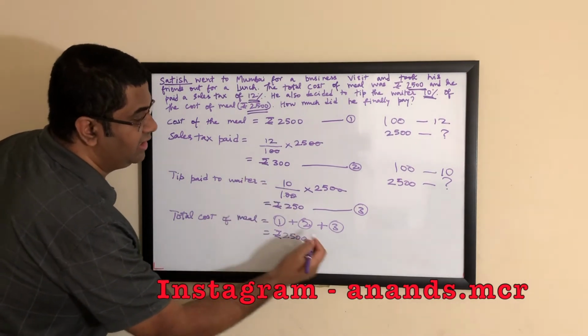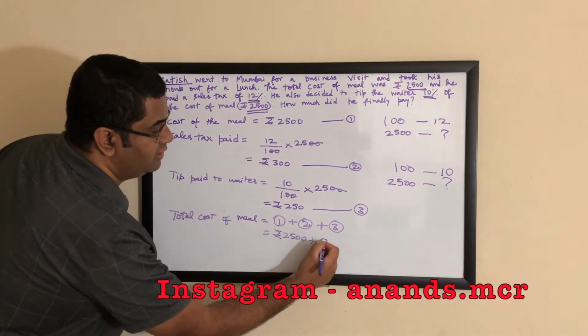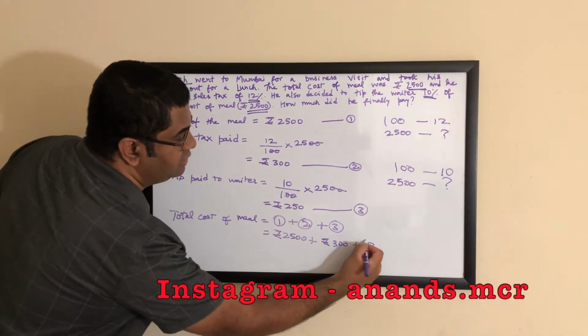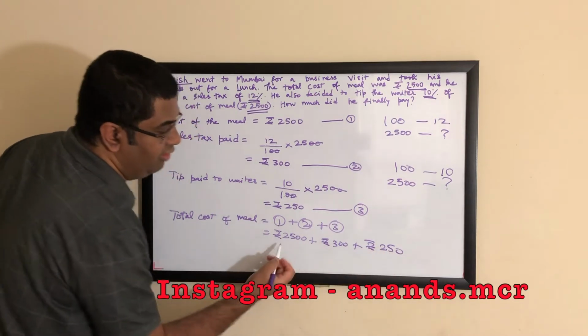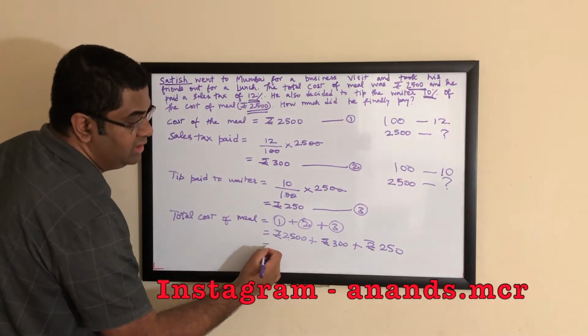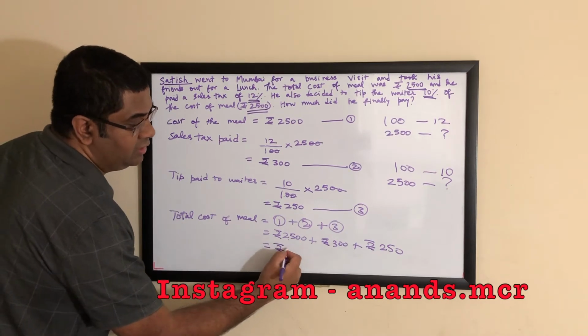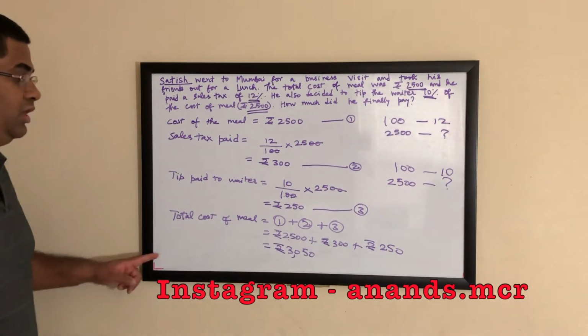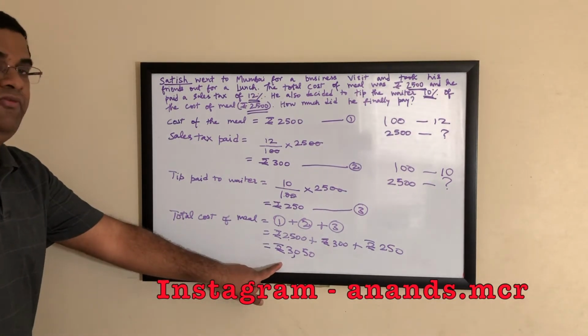In step 2, we calculated the sales tax as rupees 300, and in step 3, we calculated the tip as 250 rupees. When we add all these, 2,500, 300 and 250 rupees, we get the answer as rupees 3,050. So this is the total amount that Satish finally paid for the bill.